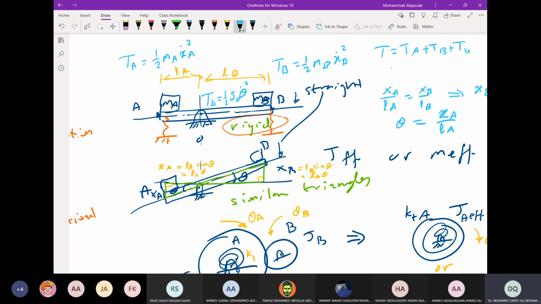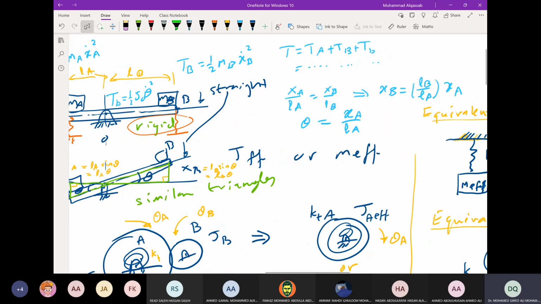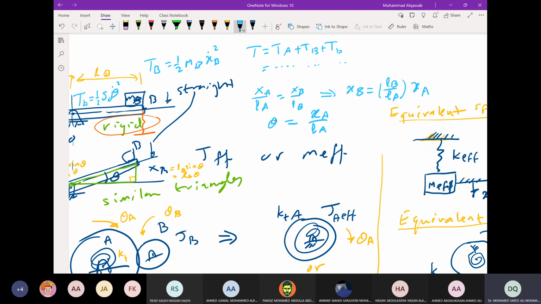And you can substitute TA, TB, and T for the bar, and then replace XB dot, because you can differentiate the displacement relationship, which also means that XB dot equals LB over LA times XA dot. And the same thing here, theta dot equals XA dot over LA. And then you will collect the similar terms.